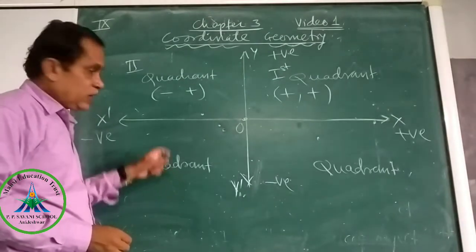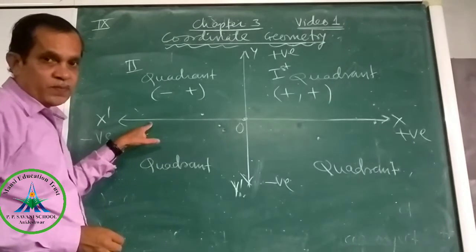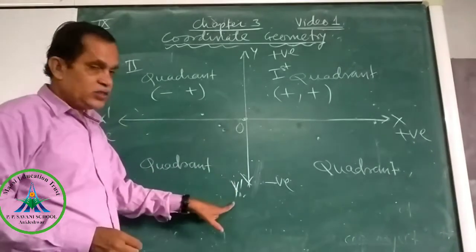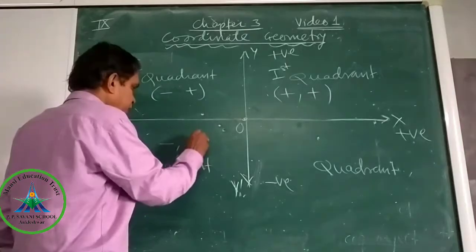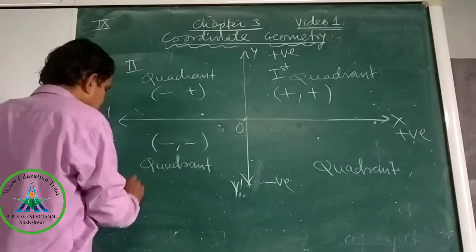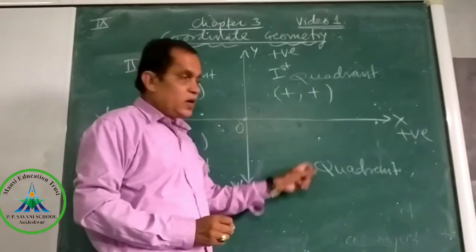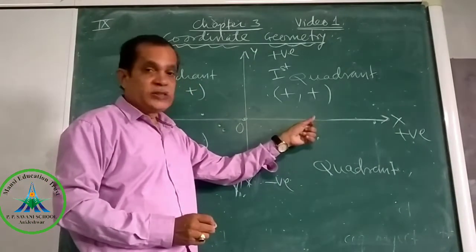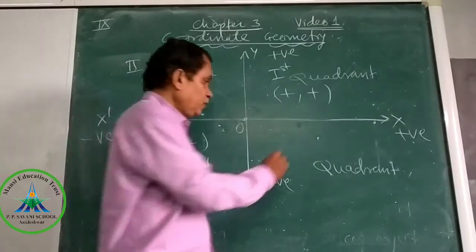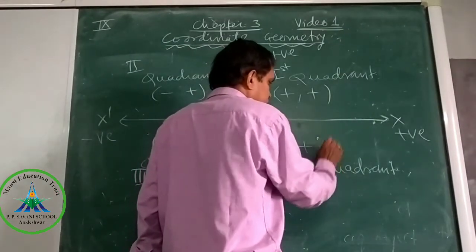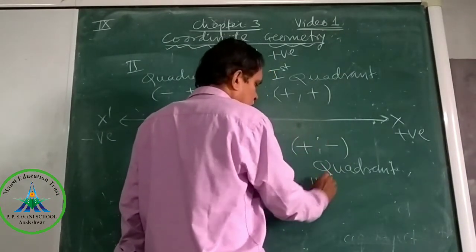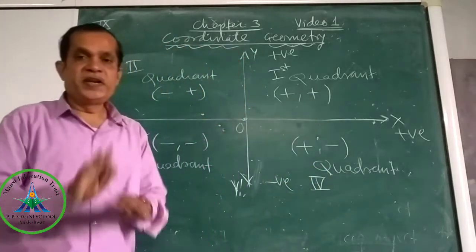In this quadrant, x coordinate is negative, y coordinate negative. Both are negative. This is third quadrant. And in this quadrant, x coordinate is positive and y is negative. This is fourth quadrant. It's very clear now.